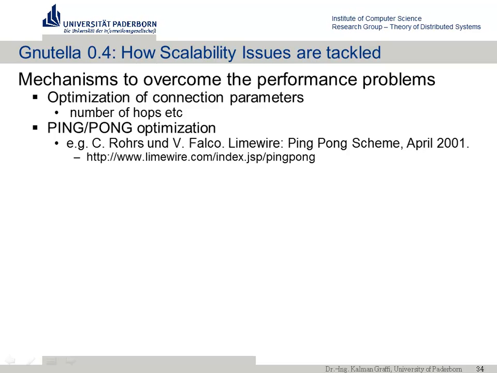Then they also wanted to optimize the ping and pong messages, so that you do not send out messages and waste traffic, but somehow collect some information in advance about which peers you should contact and how far you should forward that message. This was not used finally.